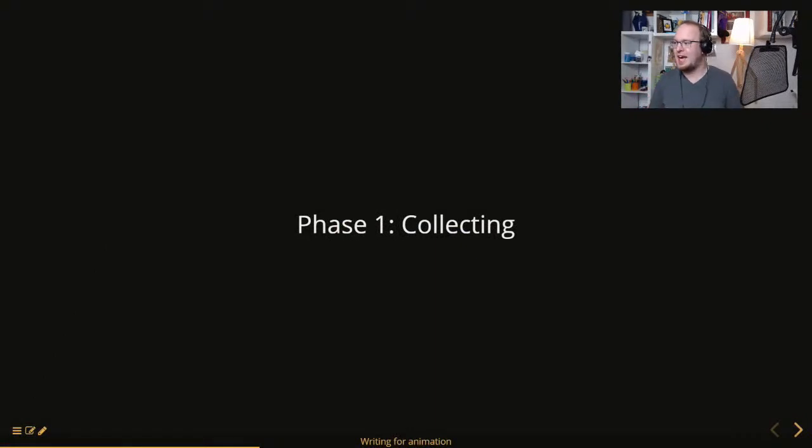And it's important in this phase not to censor yourself. I like to call this first phase of a project the collecting phase. And it has to be a wild collection. It's important that you don't overthink things at this time.